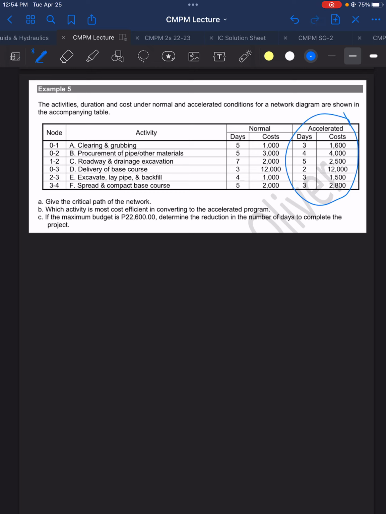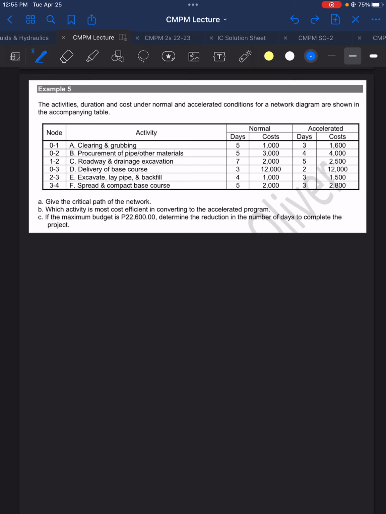Whereas the accelerated cost is wherein you impart an additional technology or something special in order to accelerate the project. For example, normally you just hire laborers to dig using a shovel, whereas the accelerated cost, you use tools or you use machines to dig for the project. So it will accelerate the project, but take note, the cost will rise or there will be increase in cost.